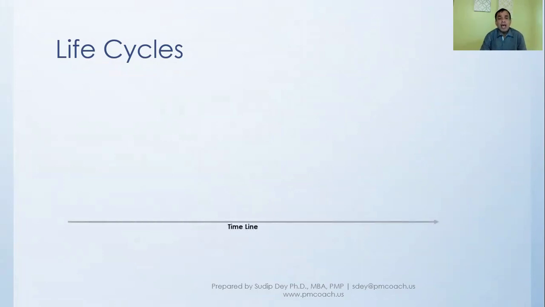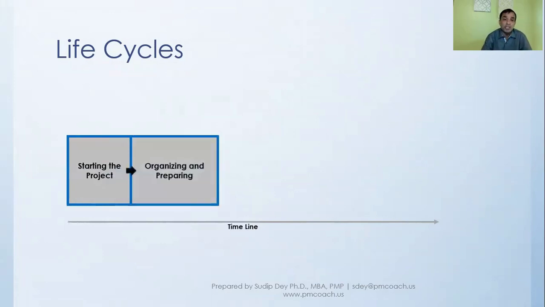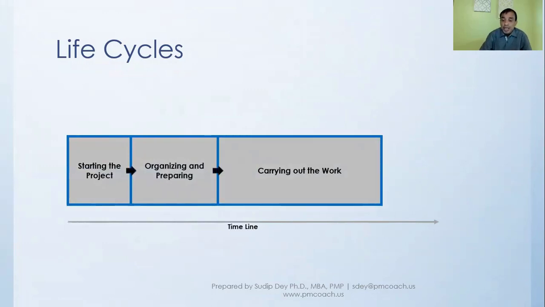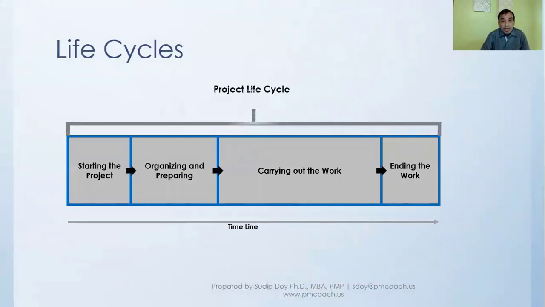Let's say this is a timeline, and in a project, the first phase is starting the project, then organizing and preparing, carrying out the work, and then ending the work. So this is a typical project life cycle.